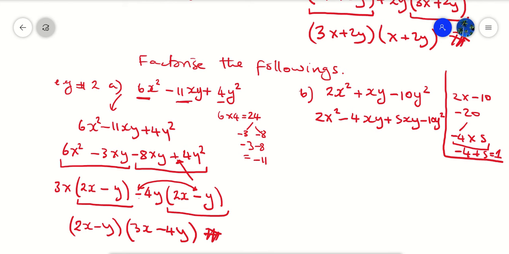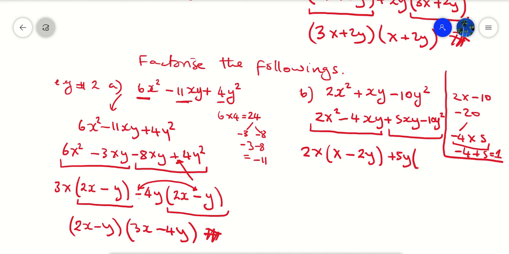Right, now I factorize between the first two terms and the last two terms. What's common between the two? I can see 2x. If I pull 2x out of 2x squared, I'll be left with x, minus, if I pull 2x out of minus 4xy, I'll be left with 2y. And then what's the factor between the other two? I can see positive 5y.